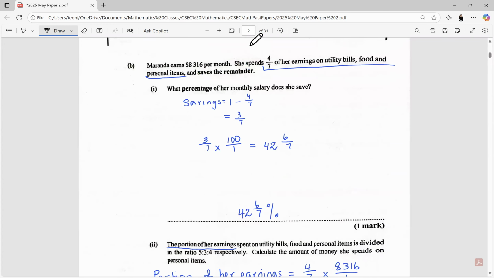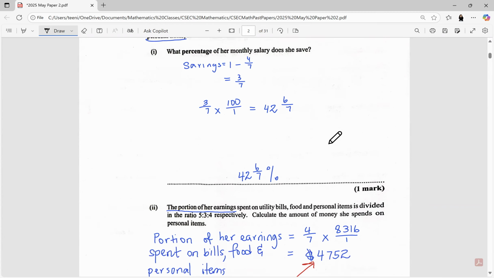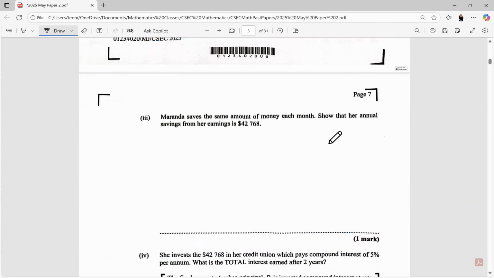Remember, the amount saved is 3/7 or 42 and 6/7% of her earnings. So I'll use the fraction instead to find out the amount of money she saves each month. If she saves 3/7 of her money, to find the actual value we would need to find 3/7 of 8,316.